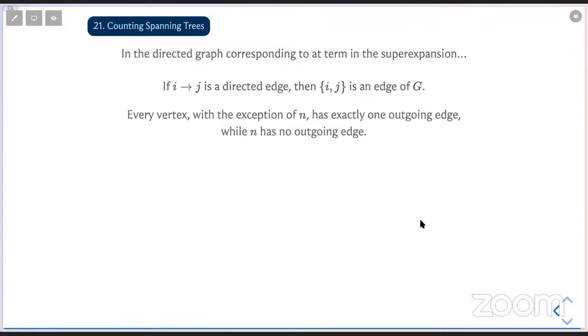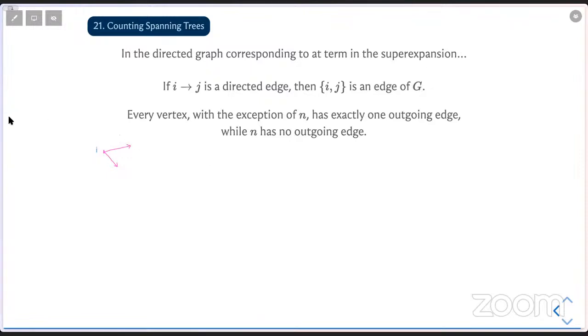Now, let's see, every vertex has exactly one outgoing edge, and n has no outgoing edge. By an outgoing edge, I mean an edge like that. And again, keeping in mind that we are working with permutations, is it possible that we added two edges like this? Let's say this is some vertex i.